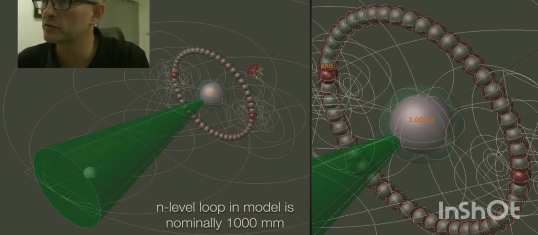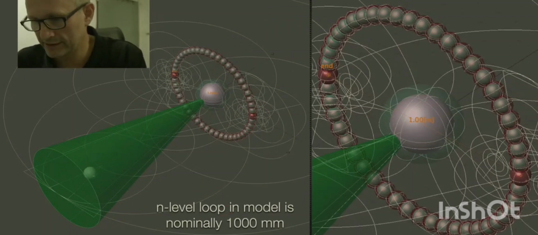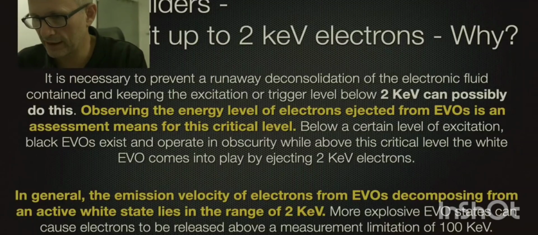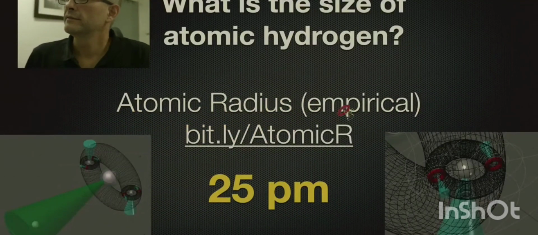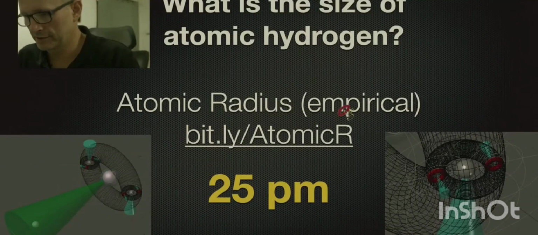A vacuum current is caused by a flow of electrons moving in a closed loop, or rather the Poynting vector, but whatever. I think we're very close to having an understanding of what causes the 2 kilo electron volt electron emissions, and I think it is limited by the size of the hydrogen atom as empirically determined.